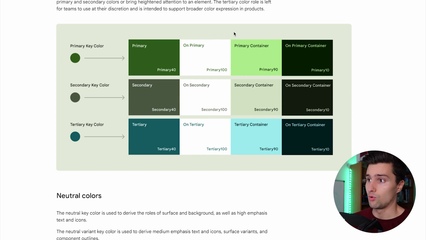However, what is new in Material 3 in comparison to Material 2 are these so-called container colors. So you'll see we also have a primary container color and an on-primary container color. The primary container is kind of new. So for example, for floating action buttons, we now use this primary container color instead of this one, usually the primary color is quite bright.